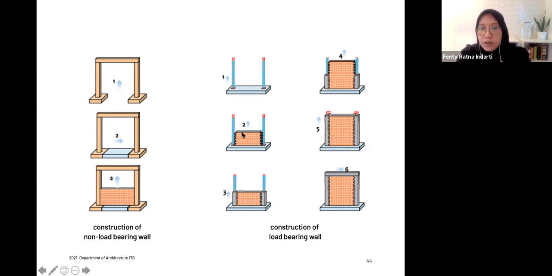Then at a certain height, usually maybe a meter from this surface, you start to add reinforcement. You add the concrete into the reinforcement like this, and also add another reinforcement inside here, like an anchor, so that it becomes one.